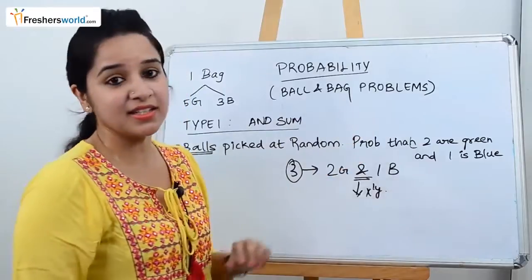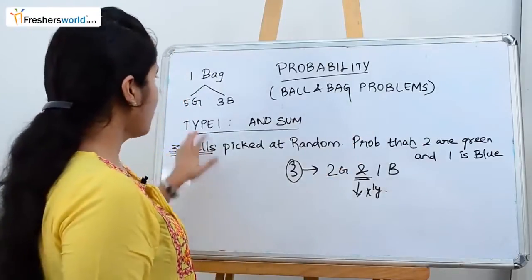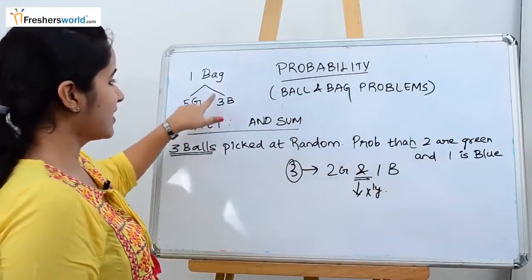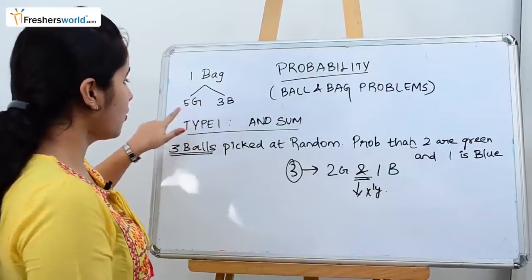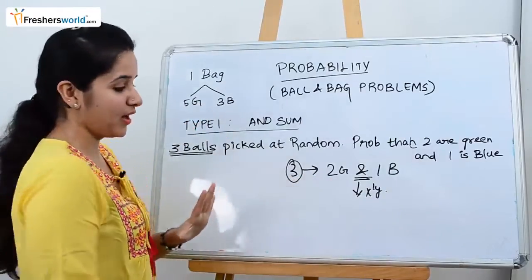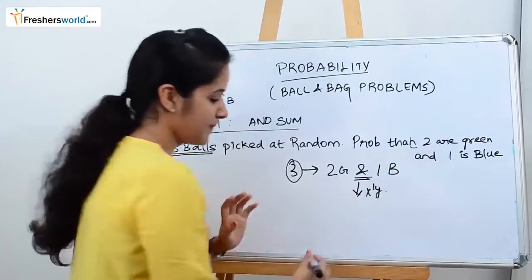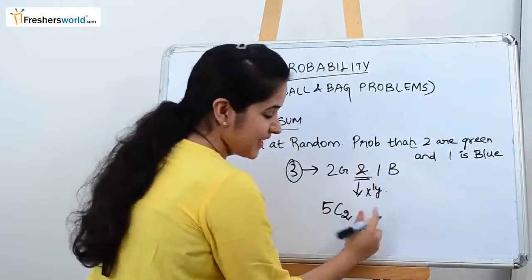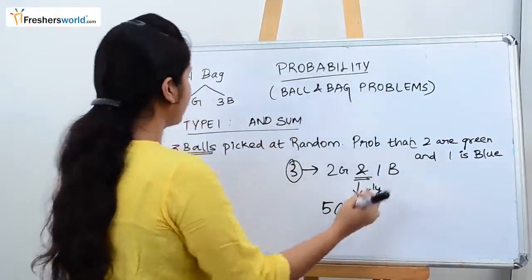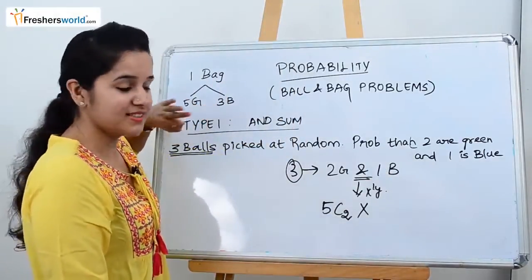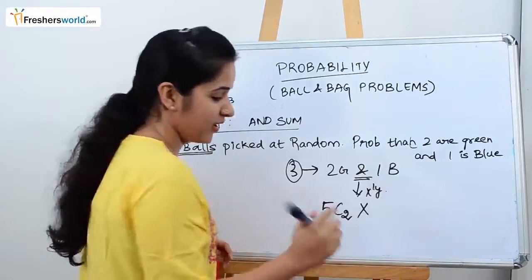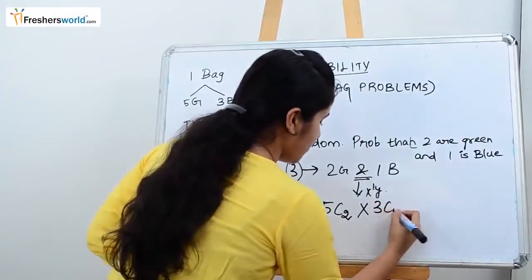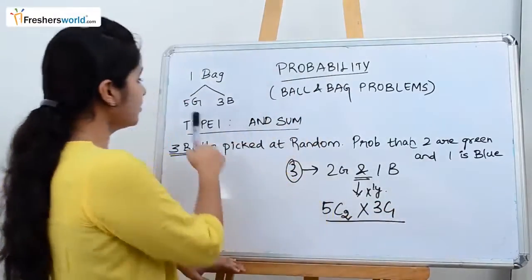A bag has 5 green balls and 3 blue balls. The total number of green balls is 5, out of which we are choosing 2. So 5C2. And as AND is there, we are multiplying it. Similarly, the total number of blue balls is 3, out of which we are choosing 1. So 3C1 divided by, what is the total number of balls?